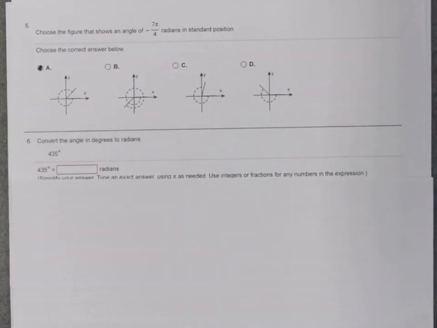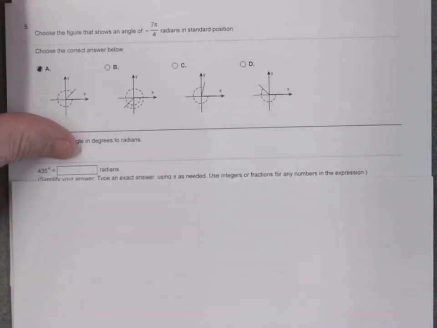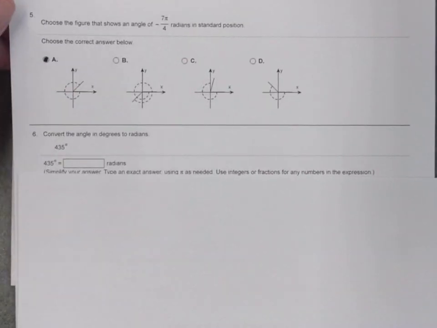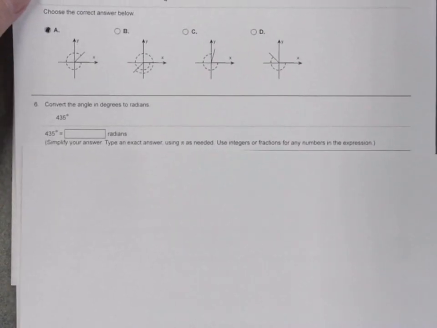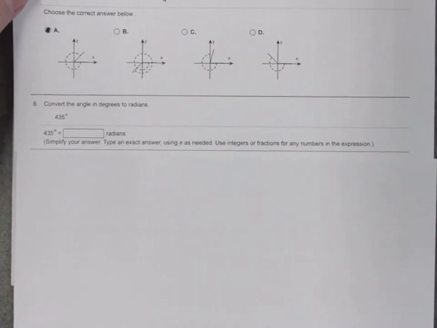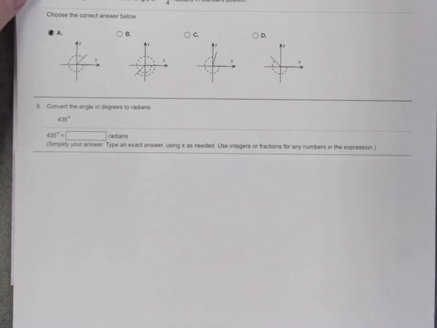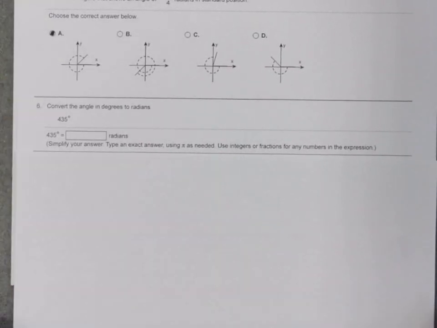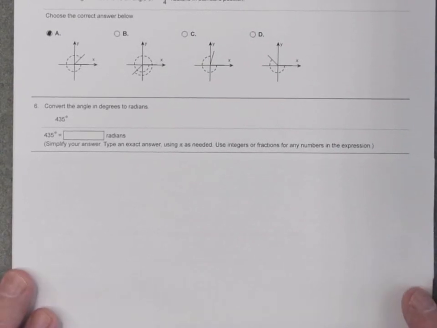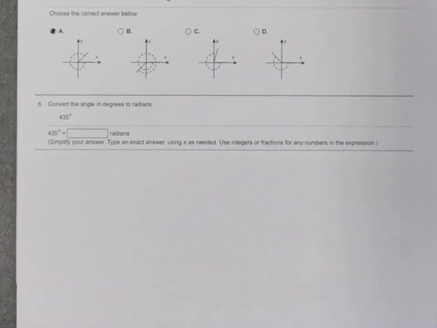All right, next question. Now, converting. Angles can be expressed in degrees and radians, and we have to know how to convert back and forth. This is where you use the idea of the unit fraction.